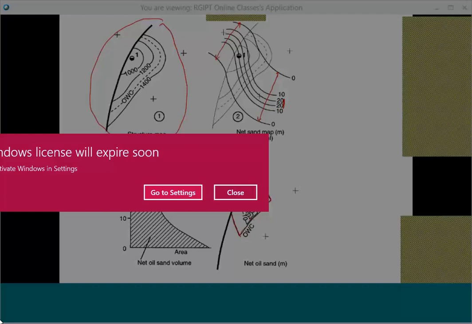So this is your sand which is contributing to your production. So this is area and thickness both combined, right?